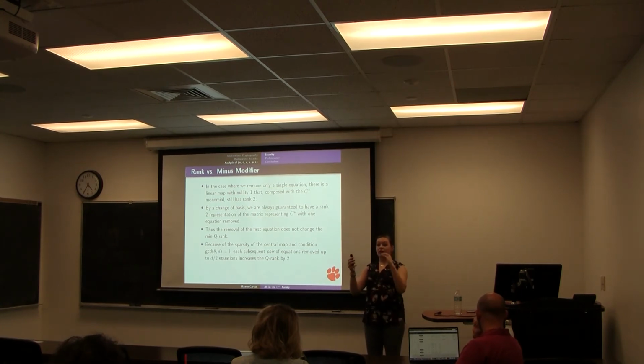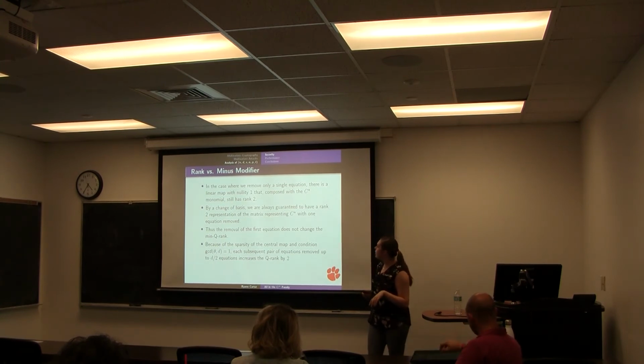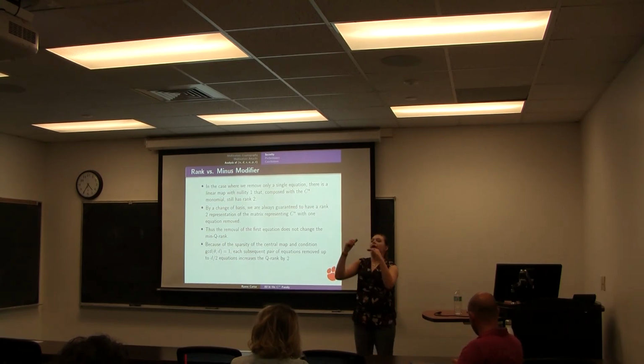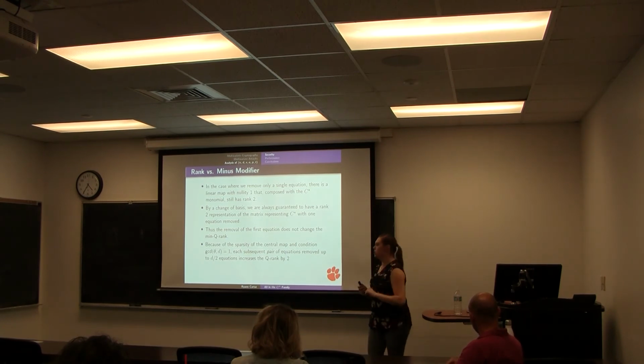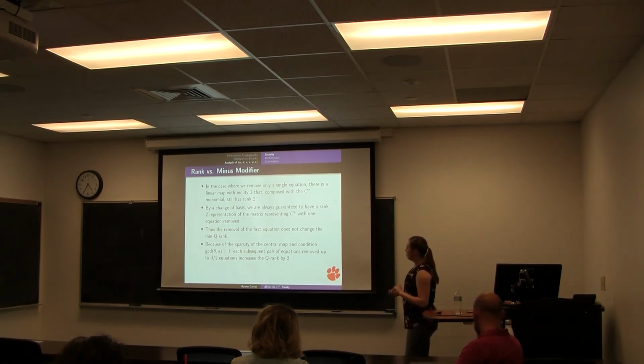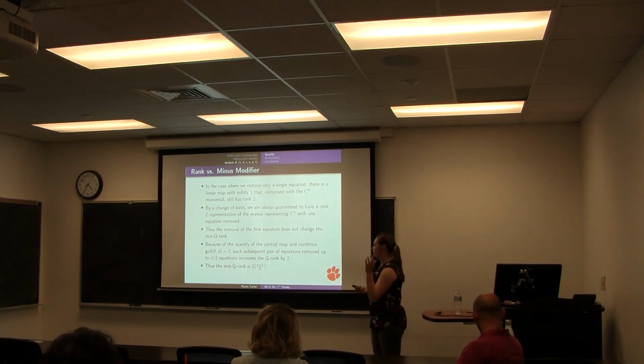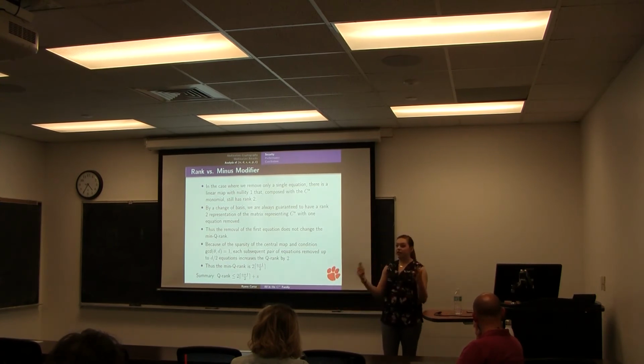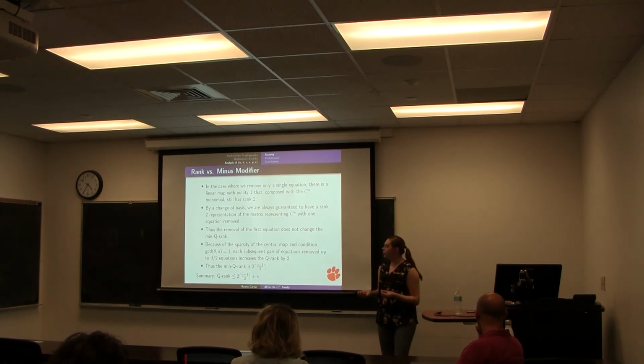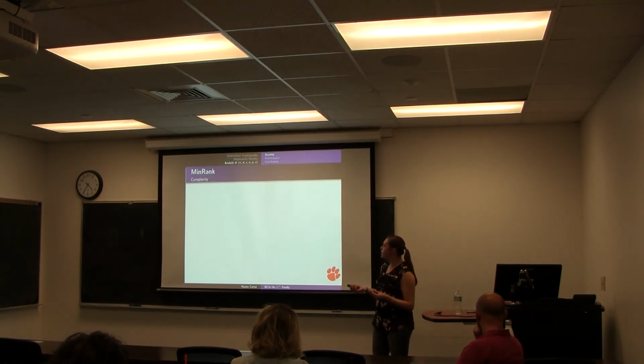So each time you remove an odd number, it's not changing because of that linear map, but then each pair is going to raise the rank, which gives us that 2 times the ceiling function of (A plus 1) divided by 2. And so in summary, when we have that NDSAPT scheme, we're going to have our Q rank bounded by that. All right, so that's our Q rank.